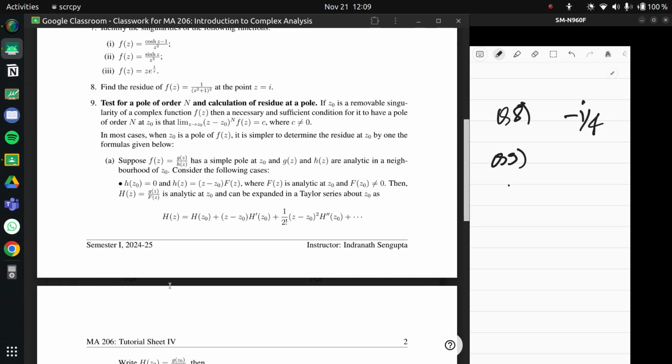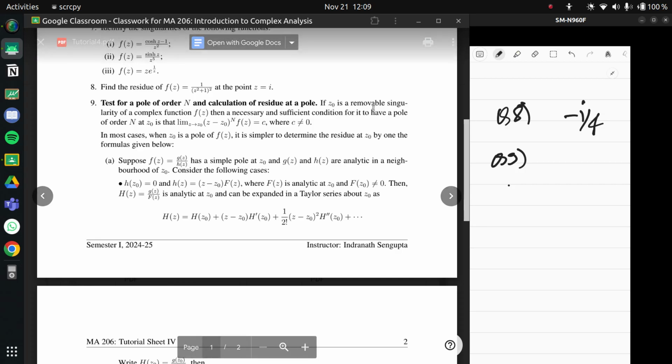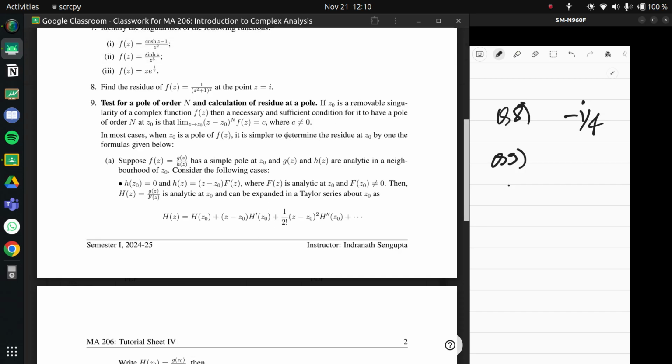No, how does that even make sense? Okay, this is a typo. It's not a removable singularity, it's just a singularity, right?